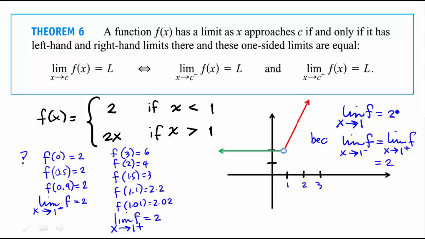So here we're saying that a limit of a function exists as x approaches, here it's 1, if and only if both the one-sided limits exist and they're equal to each other.